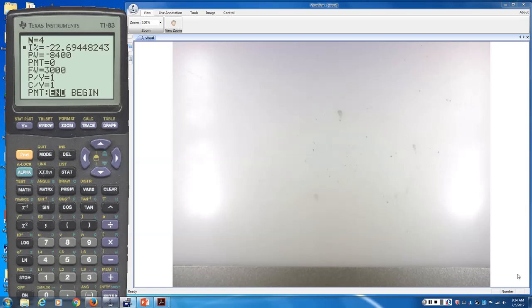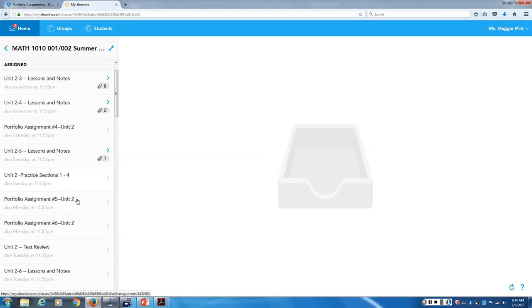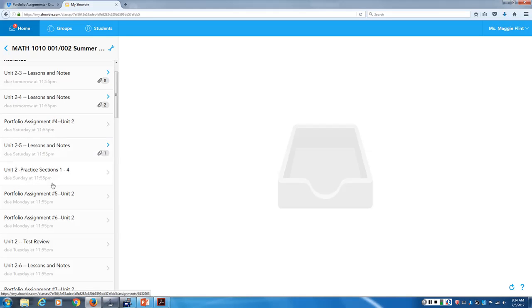The practice problems are in a separate folder in Schoology. You've got 2.3 lessons and notes, 2.4 lessons and notes, and then down below 2.5 it says Unit 2 practice sections 1 through 4. Those are our practice problems? Yes.